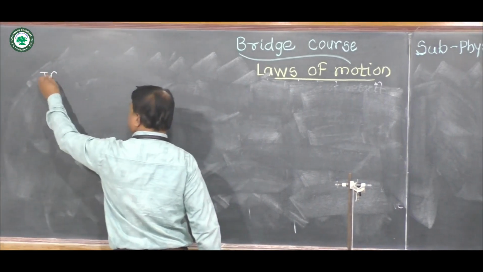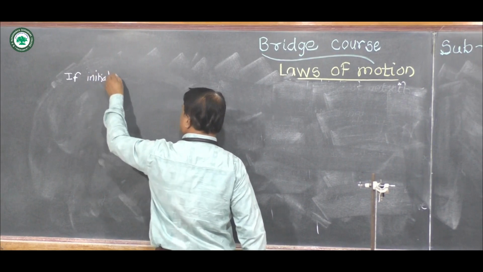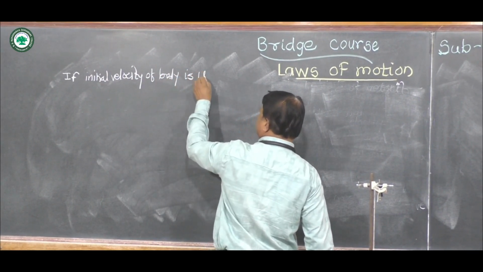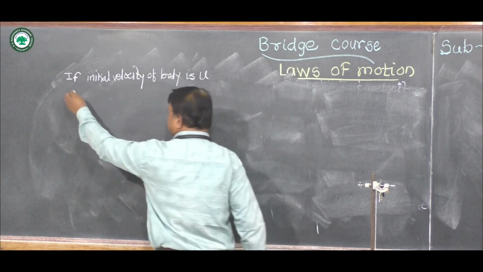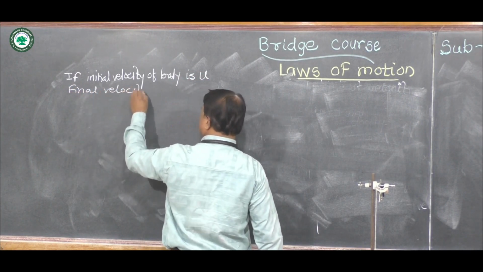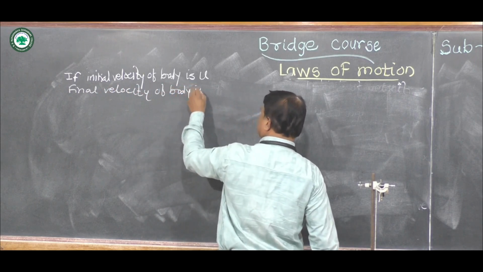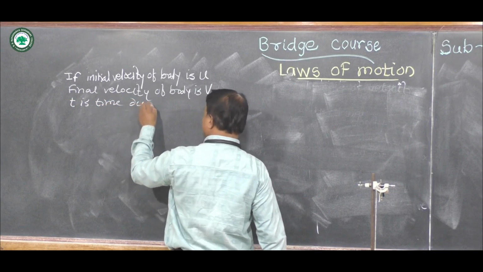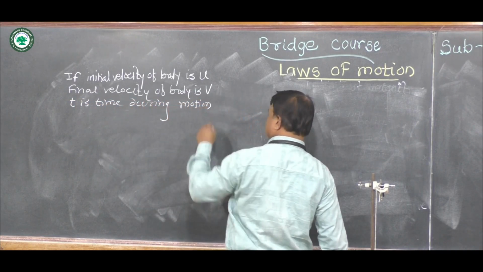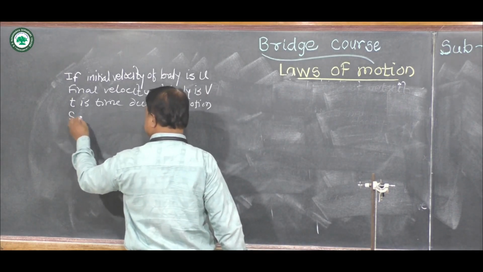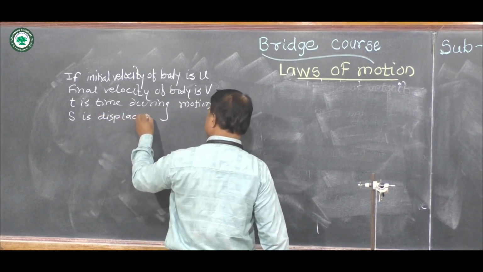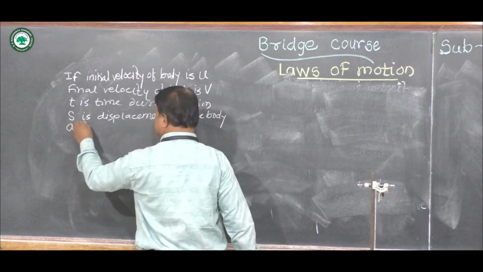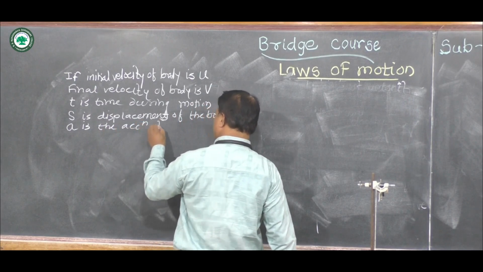If initial velocity of body is given by u, final velocity of a body is v, t is the time during the motion, and s is the displacement of the body. a is the acceleration of a body.